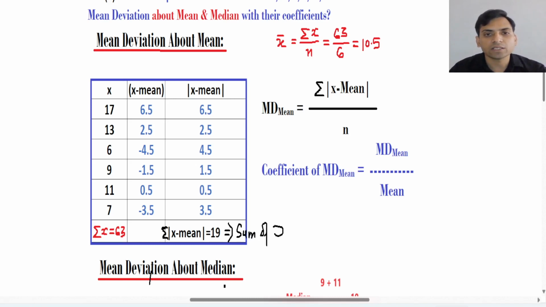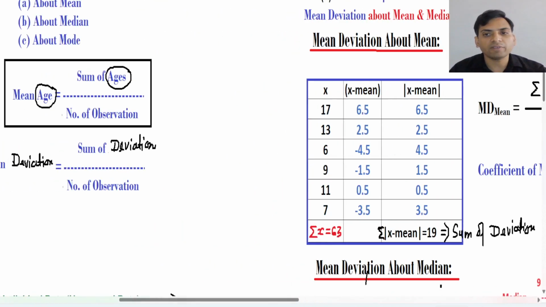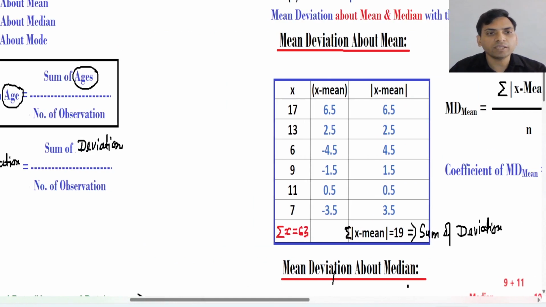The sum of deviation is the summation of modulus of x minus x bar, divided by the number of observations n.